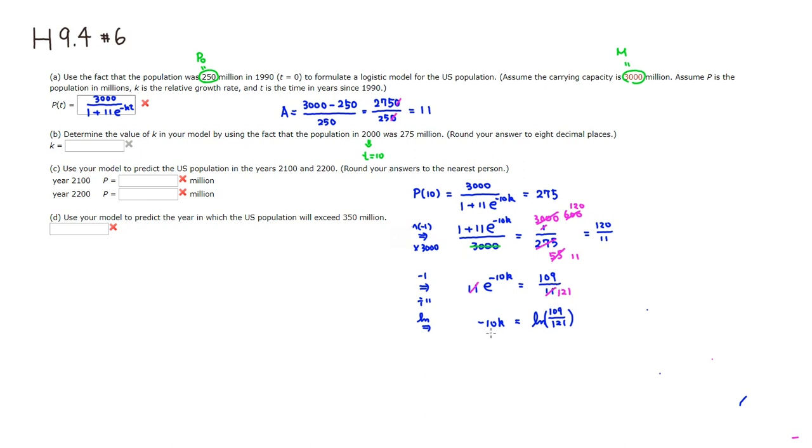But then we have to divide through by negative 10. So k is going to be equal to negative natural log of 109 over 121, over 10. So let's get this value using GeoGebra.